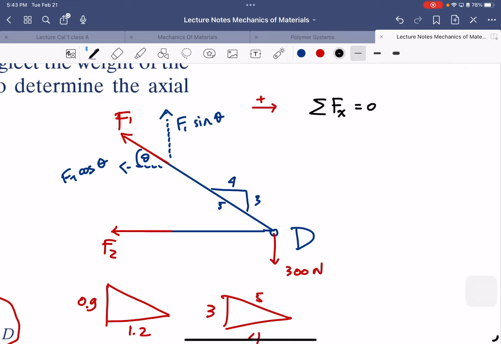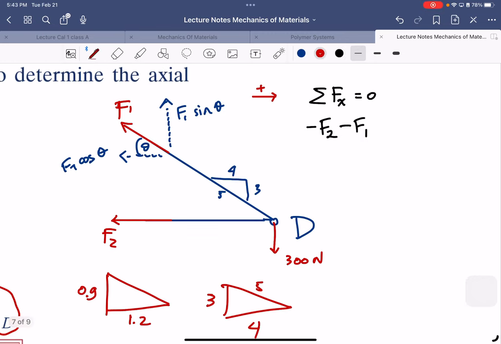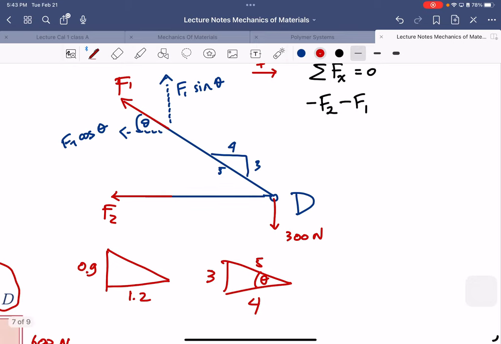F2 is going to the left, so it's negative. So negative F2. And then F1 cosine theta is also negative. F1 cosine theta, theta is here, right? So cosine is 4 over 5, right? 4 over 5.